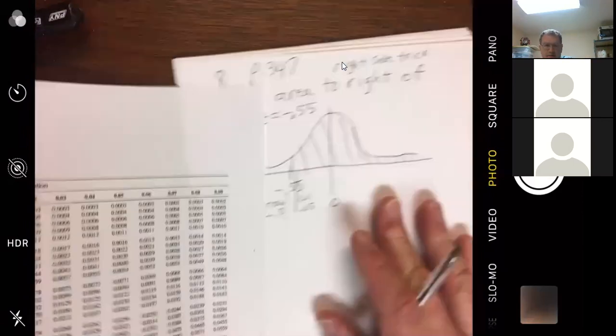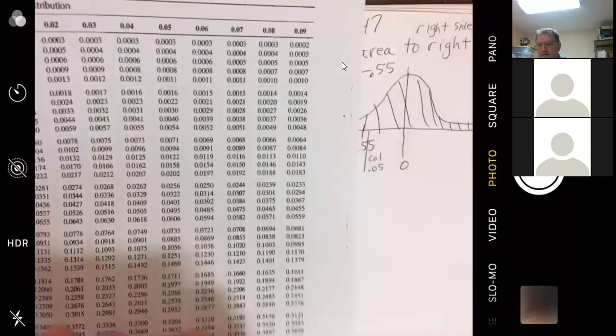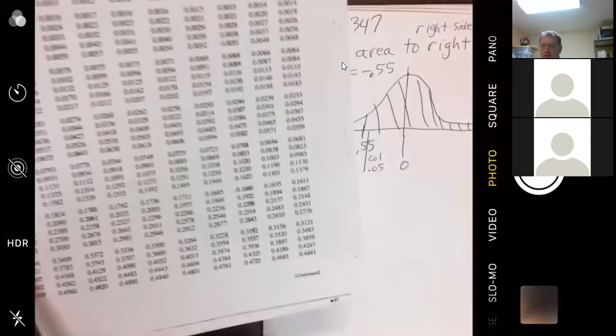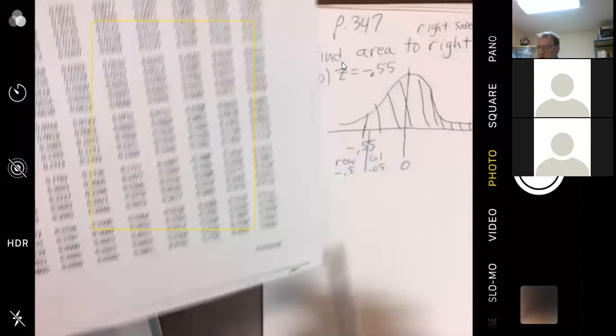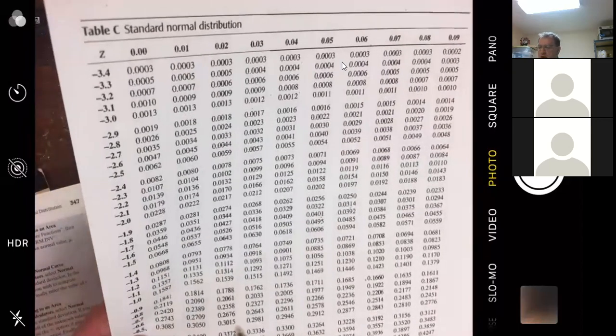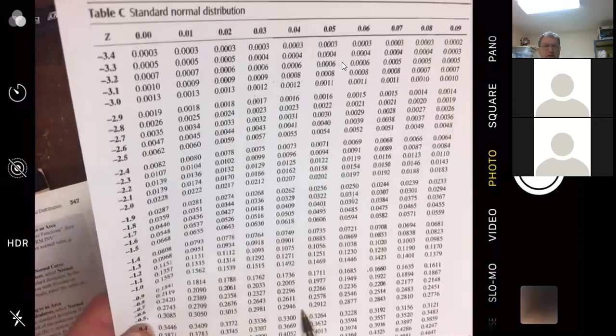I want negative 0.5. It's down toward the bottom here. You see negative 0.5? And then I want the 0.05 column. Can I get the whole thing on? Negative 0.5, 0.05 column.